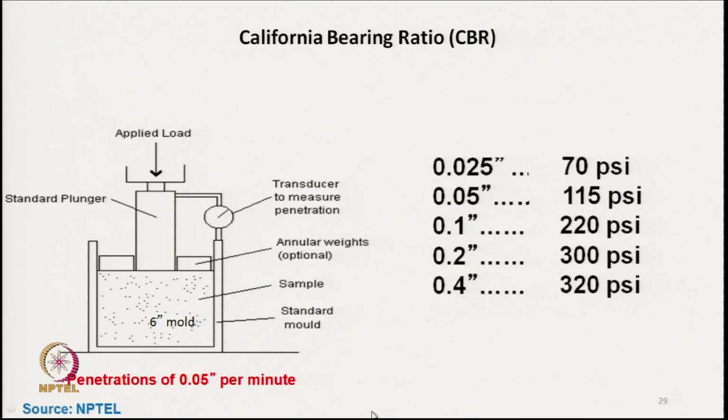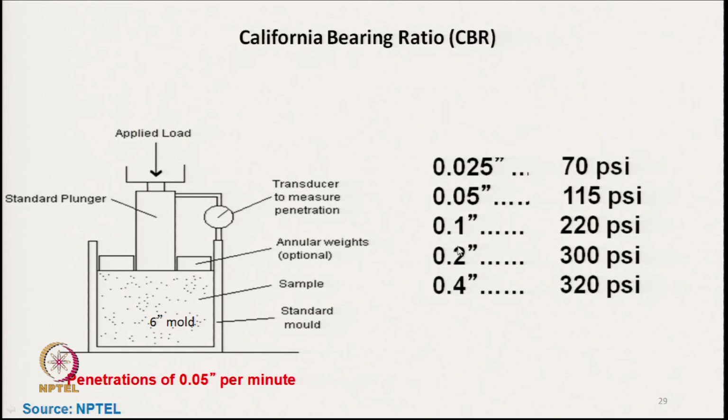Here, for a given soil we have got data: for 0.025 inch penetration we need to apply 70 psi, pounds per square inch, and if we want to penetrate this plunger to a greater distance, we need to apply higher pressure.